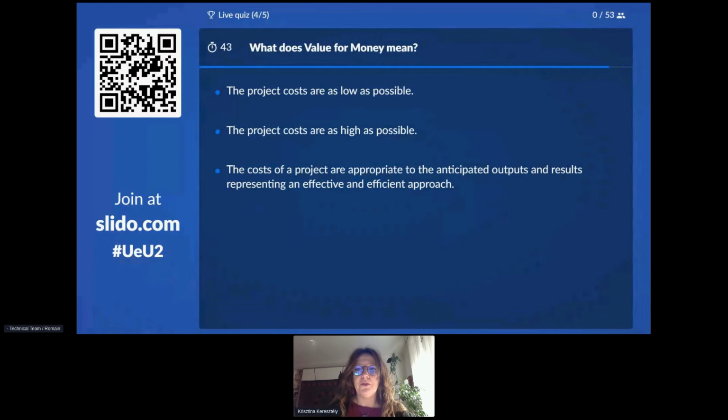So what does value for money mean? Either the project costs are as low as possible, or the project costs are as high as possible, or they are appropriate to the anticipated outputs and results, representing an effective and efficient approach. Here you can choose only one good answer.